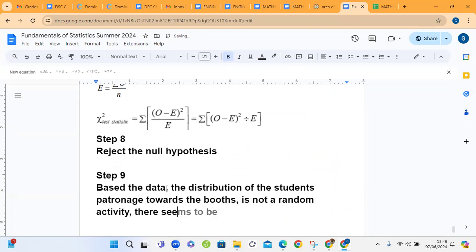There seems to be a factor of influencing, right? Their patronage, which of course, that was hypothesized already. That was the claim. So the data has actually proven the claim. So that's how you perform a chi-square test for randomness.